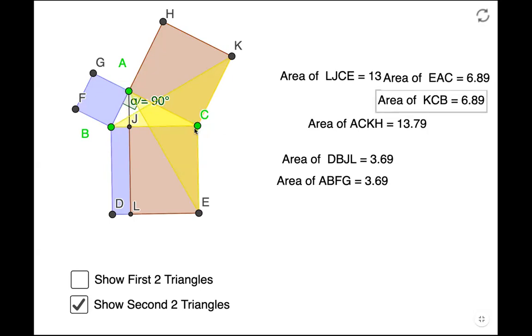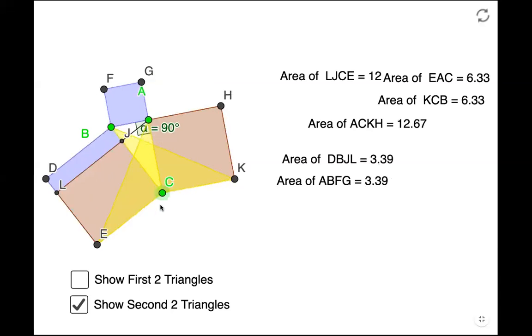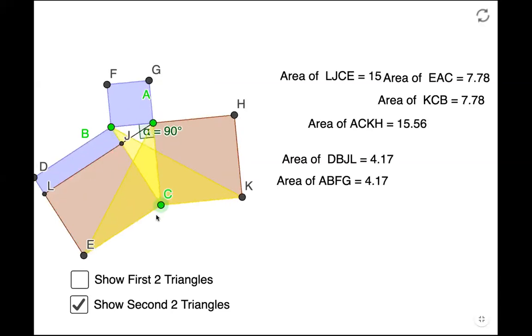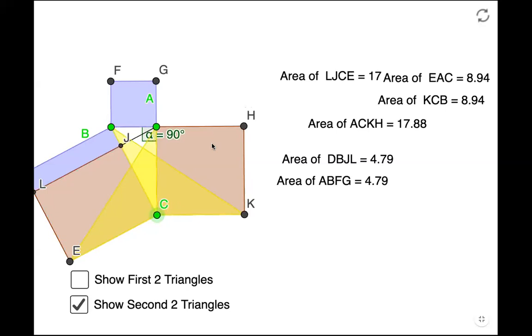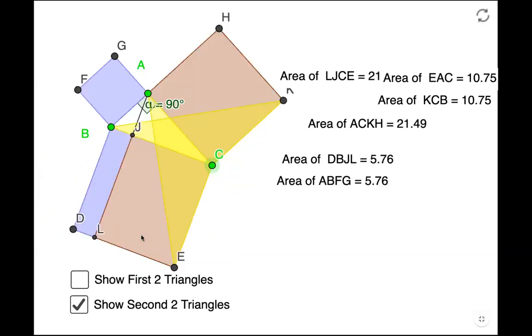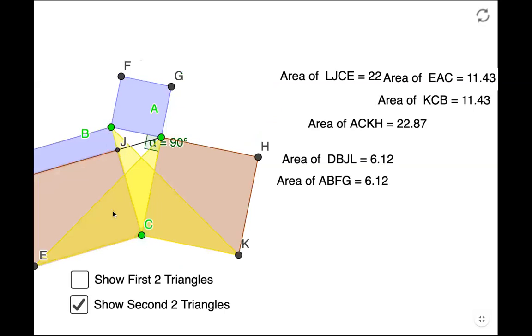Those other two triangles, they're kind of bigger. You can see that the triangle like CKJ, or this red square, is double this triangle, and this red rectangle is double this triangle.